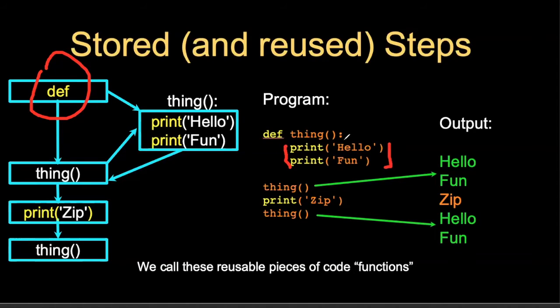Just notice that there is a colon here, okay? And then you need to have proper indentation here. With this proper indentation, these 3 lines define what a function is.